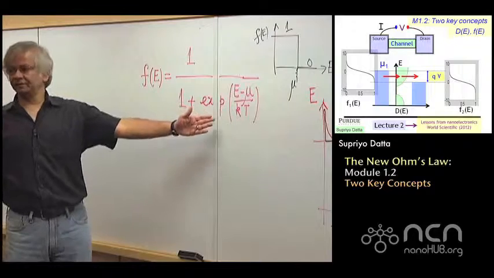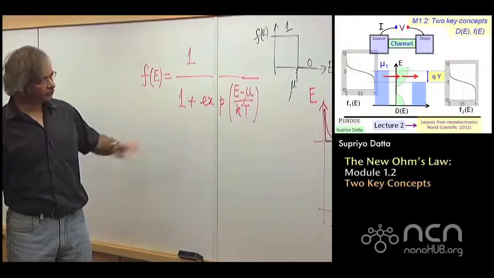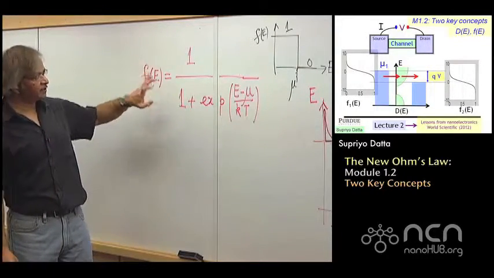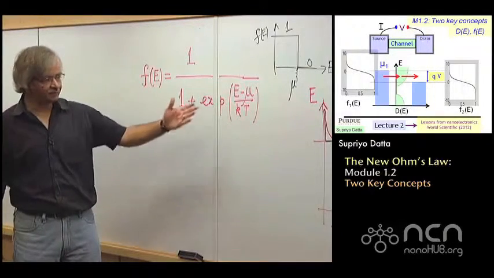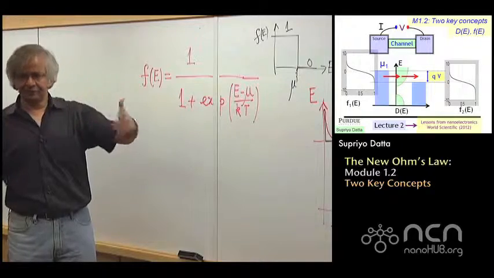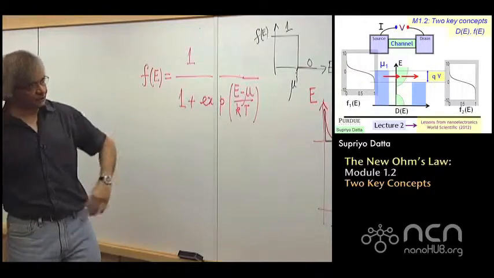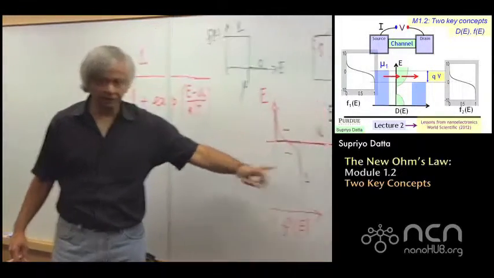So this is the mathematical form of the function. And what you can check is that if you take this and plot it as a function of E, which you could do very easily if you have something like MATLAB or equivalent, it would look like what I've sketched here.